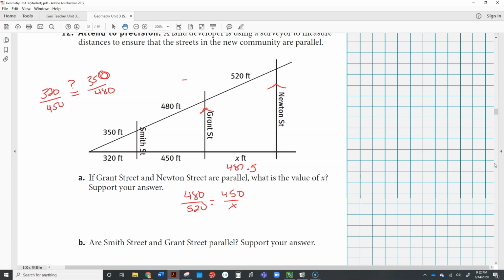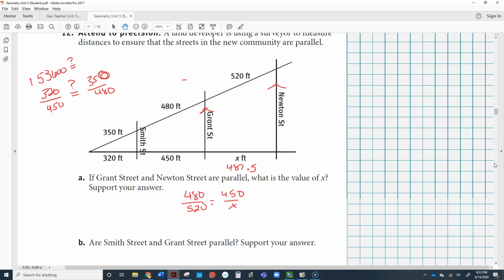So 320 divided by 450 is 0.71111. 350 divided by 480 is 0.729. So I'm going to say no. But just to show you the different way, if I do 320 times 480, that gives me 1,536,000.